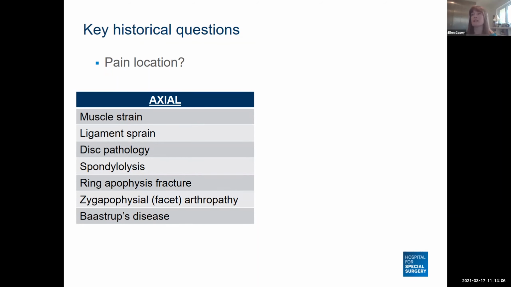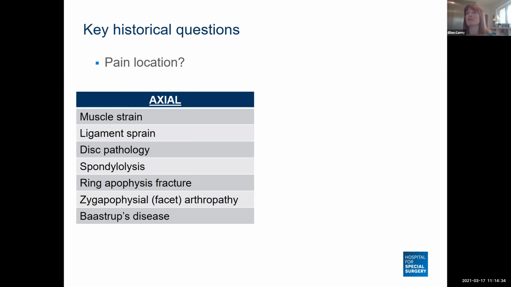And in that case, we're thinking of things like a muscle strain, a sprain of a ligament, potentially like the supraspinous or interspinous ligaments, disc pathology, spondylolysis in a younger person, a ring apophysis fracture, especially if the ring apophysis has not fused, facet or zygapophyseal joint arthropathy, which you can see. You think arthropathy is going to be in old people, but you can certainly see it in quite young athletes.